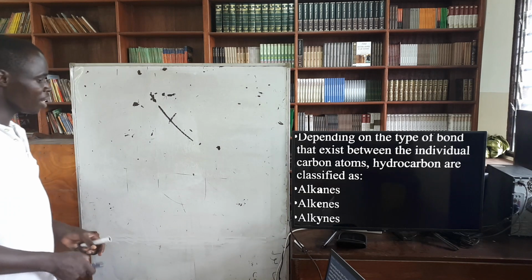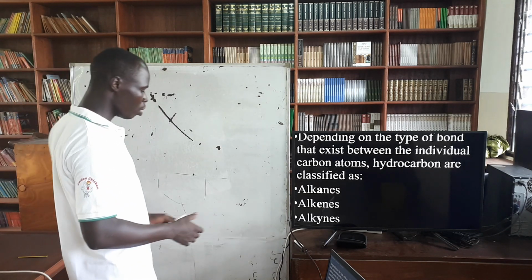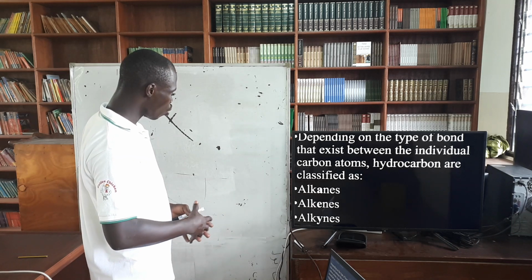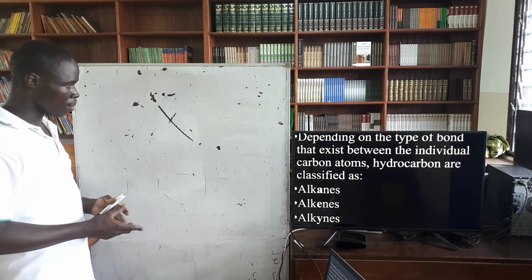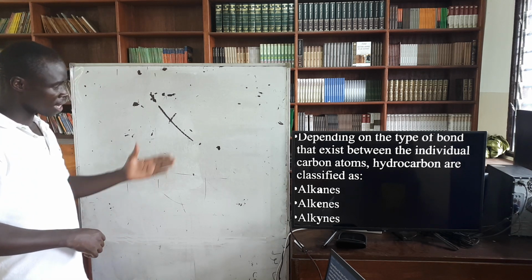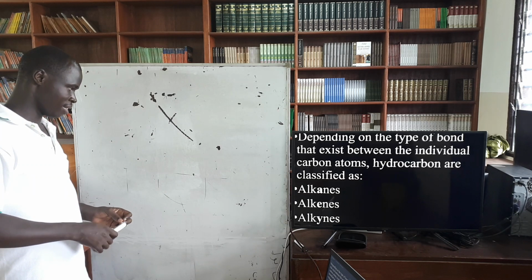Now, depending on the type of bond that is there, whether it is single, double, or triple, we are going to have 3 types of hydrocarbons. And these hydrocarbons are alkanes, alkenes, and alkynes.